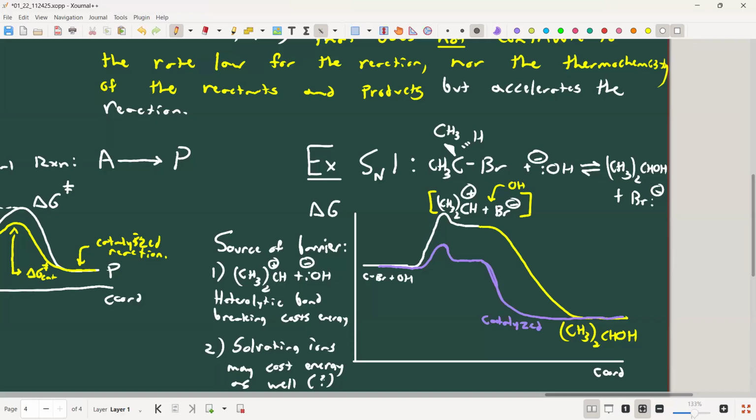So unfortunately for this reaction, there are two ways that we can do this. One way is to make the leaving group, the Br, fall off more easily. And there's not really an easy way to do that in this reaction. If this were an OH, for instance, we started with isopropyl alcohol, we could bring an acid in and protonate that OH to make isopropyl OH2 plus, and you lose water.